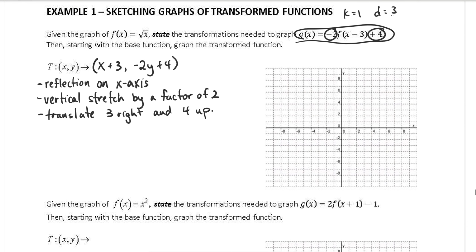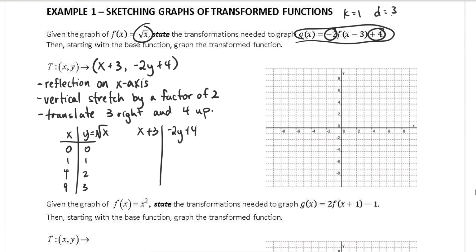Okay, so we can look at the base graph coordinates, x and y. This is the square root function we're dealing with here, as it says up here in the question. So let's start with the key points, 0, 1, 4, 9, and 0, 1, 2, and 3 for the y values. Now when I transform them, we're going to look at x plus 3, and we're going to do negative 2y plus 4.